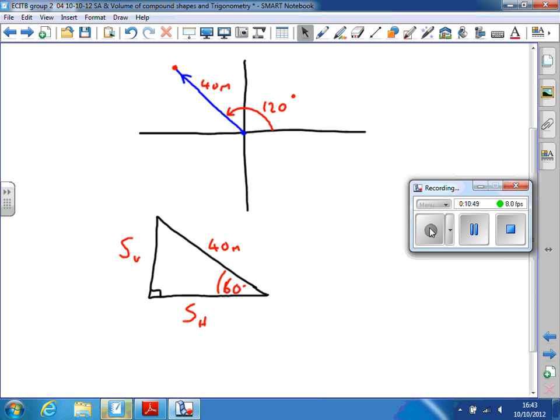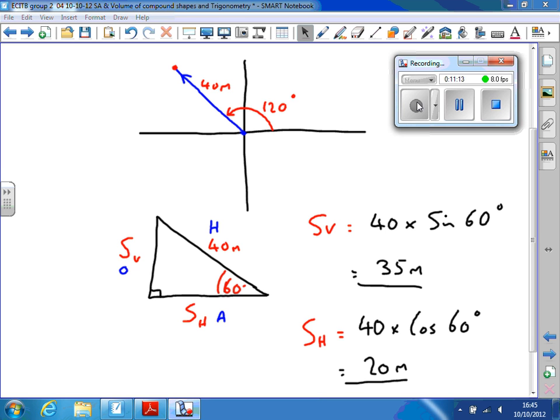So now again, I'll leave you to work out the vertical component and the horizontal component of this displacement using sine and cosine. We know this angle, so this must be the opposite, this is the adjacent, and that's the hypotenuse. So hopefully you got 35 meters for the vertical component of the displacement and 20 meters for the horizontal.